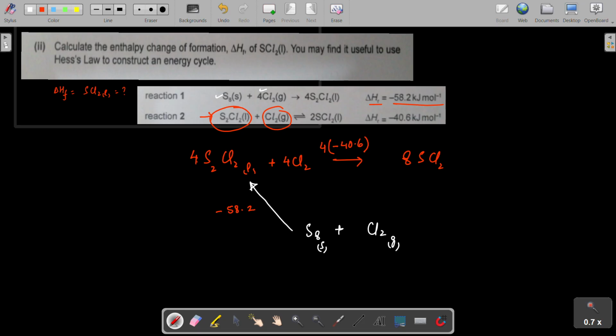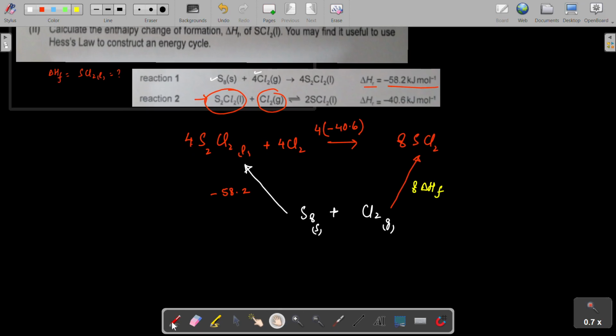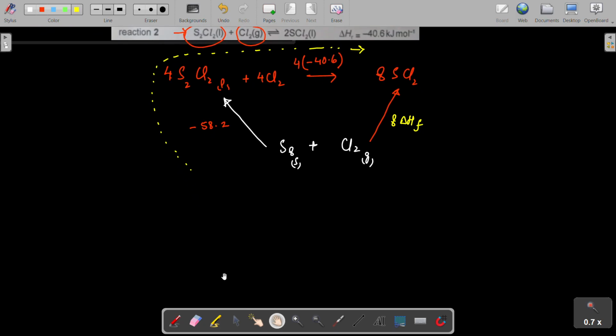Now, if you look at this, when sulfur and chlorine react, they will give us SCl2, but now you can see there are 8 moles of SCl2 being produced, so that would be my delta H formation multiplied by 8. Now if I apply this Hess's cycle, according to Hess's law, I can calculate the delta H formation.